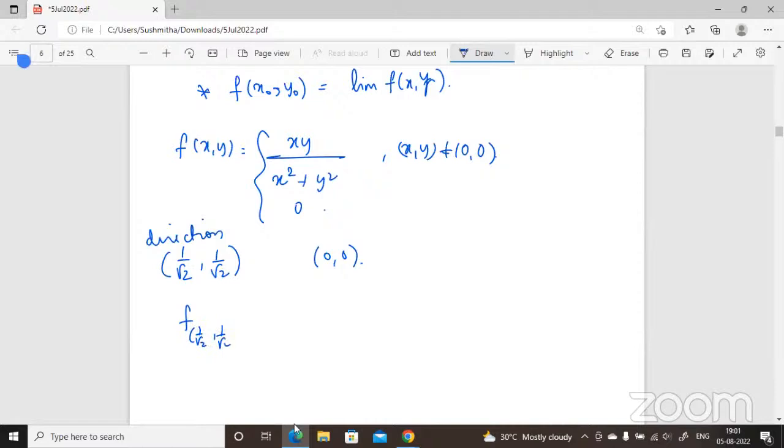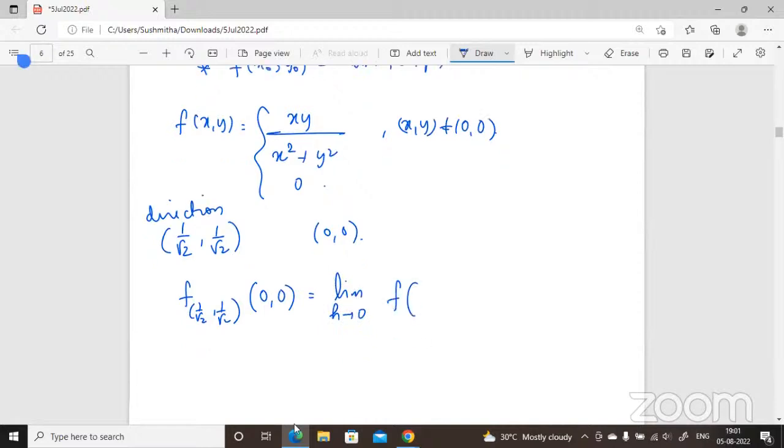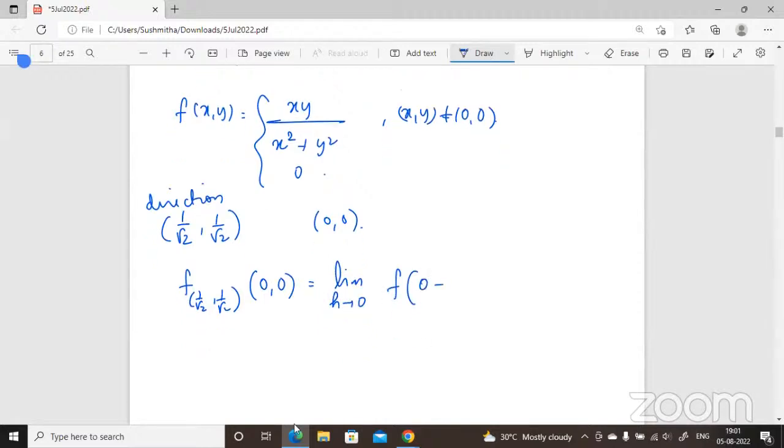Limit h goes to 0, f of 0 plus h by root 2, 0 plus h by root 2, minus f of 0, 0, all by h.